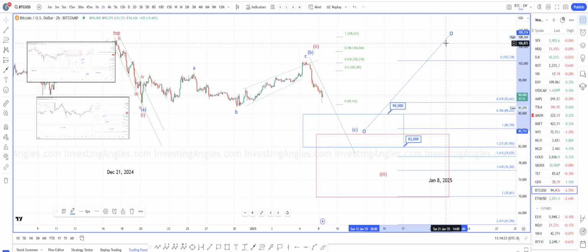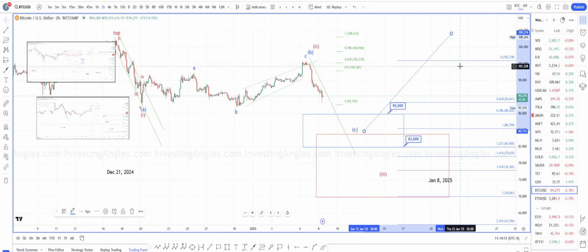Well, it will resume its rally and move towards 110 or even bigger. However, this is a question right now, and if it makes it to the red rectangle, we would consider a possible impulse of a bigger degree, and that will be a totally different story.